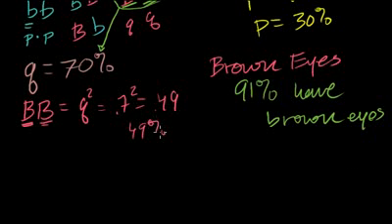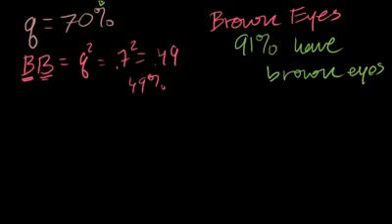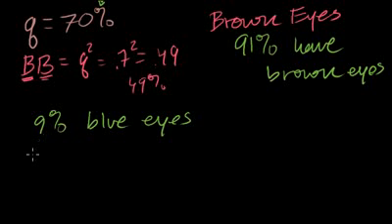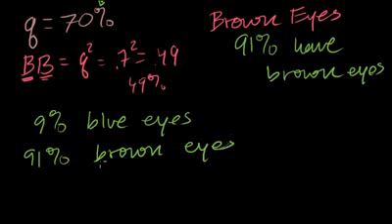So just starting from that one idea, that 9% have blue eyes, we've already been able to deduce that 91% must have brown eyes, and of the brown eyes of the whole population, 49%, this isn't 49% of the 91, this is 49% of the population, are homozygous dominant.